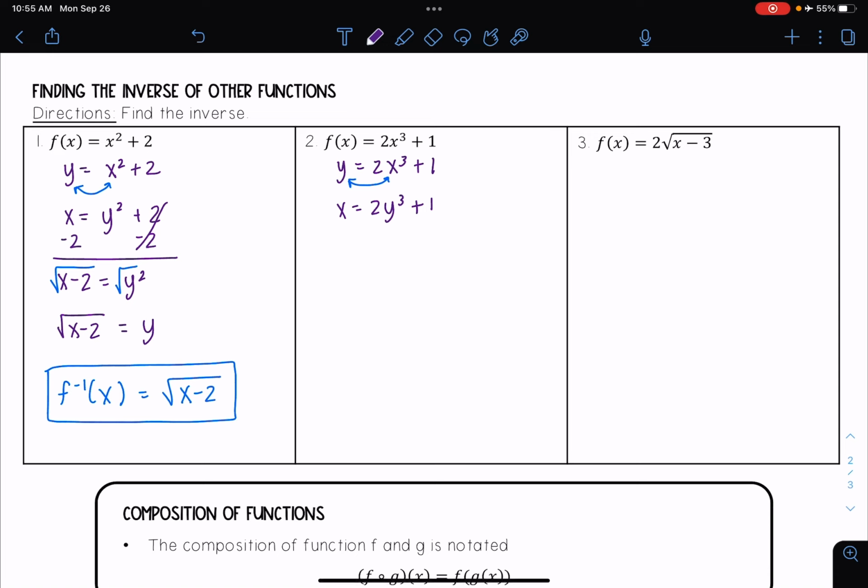Now I need to get y by itself. I want to first subtract over what's being added, so I'm going to subtract 1 from both sides. Now I need to get rid of that 2, so I'm going to divide both sides by 2. And so I get x minus 1 over 2 is equal to y cubed.